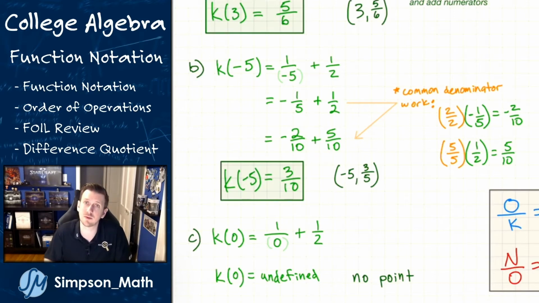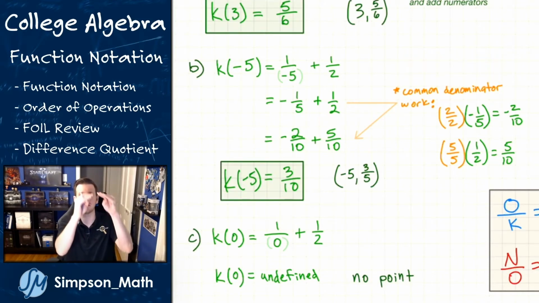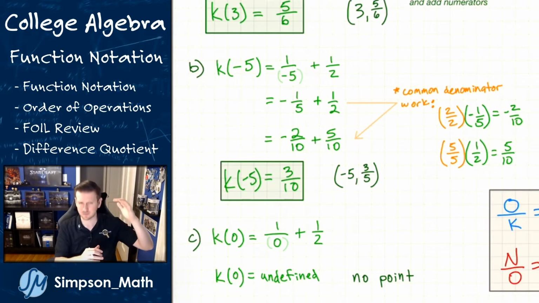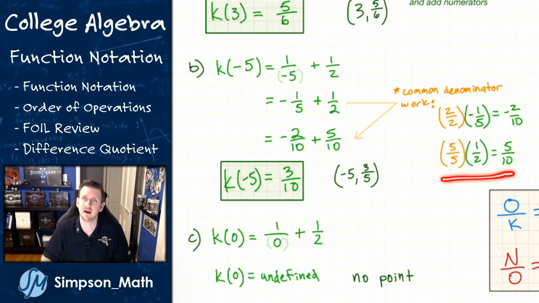And then for me, when I'm doing my common denominators, I'm going to do it over here on the side. Sometimes, instead of writing common denominator work, I'll refer to this as side work, and do my work over here on the side. If you're working through some algebra and think, I need to focus on this one topic or skill, or I don't want to take up a bunch of lines, but I need to communicate it to my reader, move it over to the side.